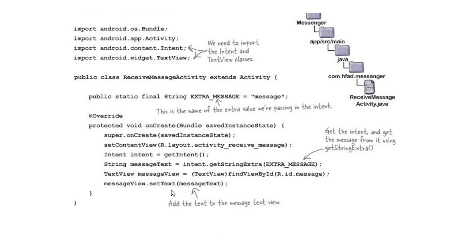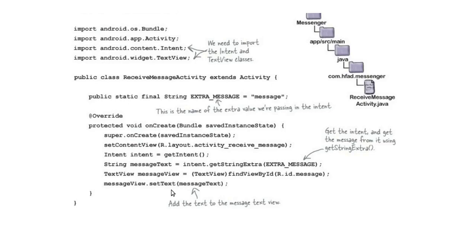So we have two activities. The first activity is the create message activity, and the second activity is the receive message activity. In the first activity, whenever we click on the button, we move to that method, and in that method we create the intent, extract the information, and put the information inside the intent.